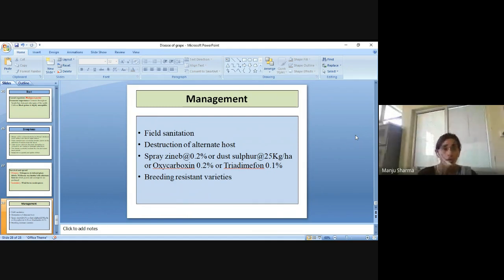First of all we have to remove all the crop residues and all the parts present in the field. That is called field sanitation, because whenever the main crop is not present in the field, then the pathogen can easily get its nutrients from the crop residues, from dead and decaying matter, or from other plants.